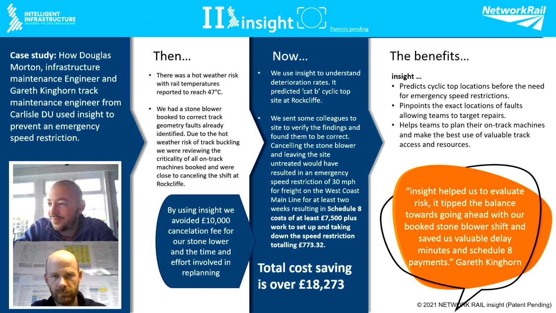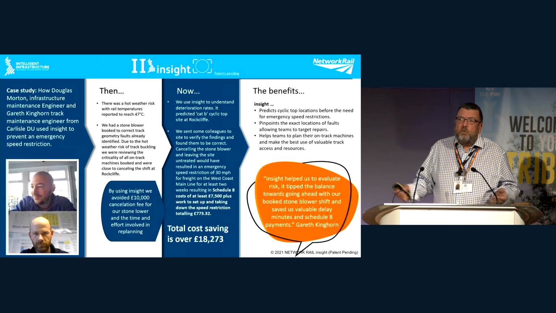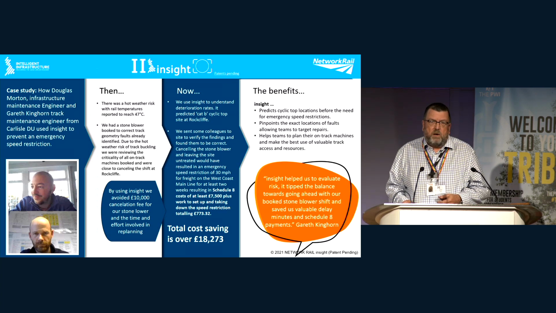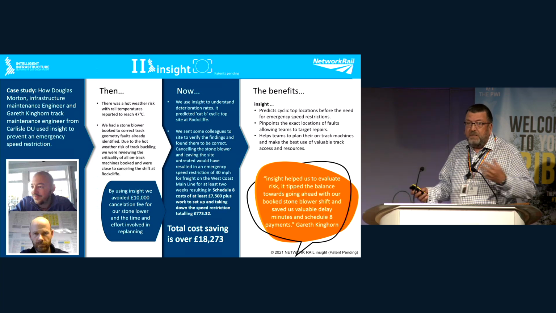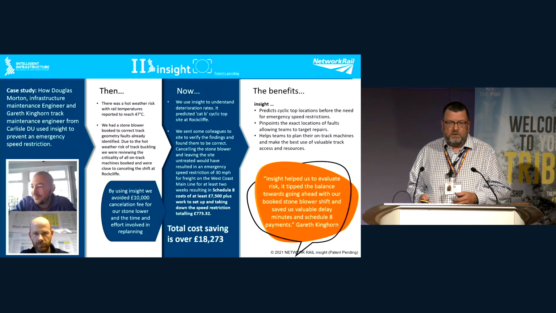It didn't affect the track for the hot weather, but it meant they avoided a stop to speed going on the West Coast Mainline, which would have been sat there for a number of weeks until it came off. They stopped it going on, and therefore saved some money. And again, this is about how we can look to utilise the tool to help us make decisions.